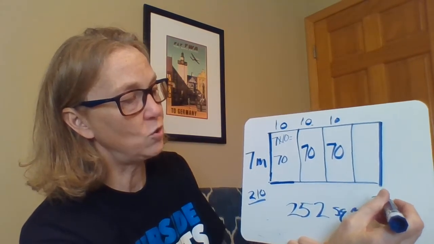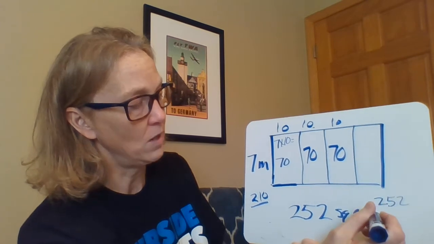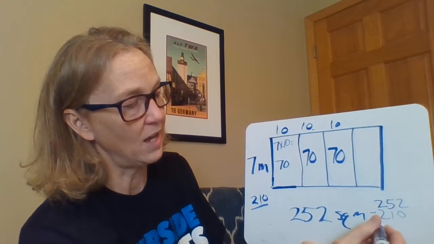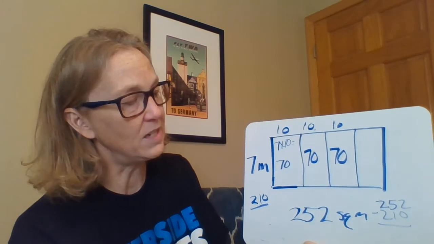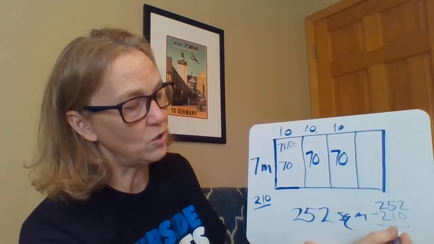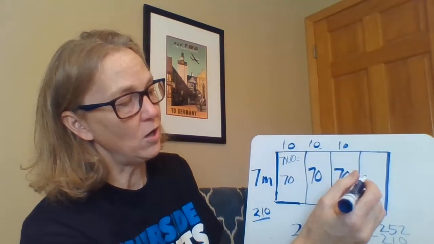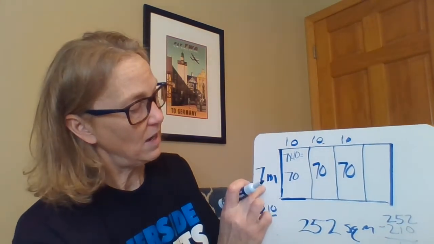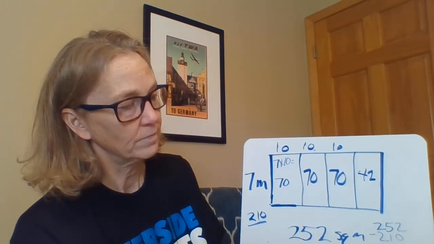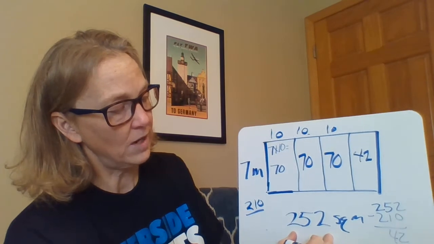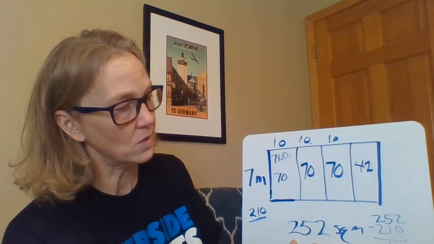So that might be a little bit of some extra work. Off to the side, you might have to subtract 252 minus 210, and then that would be a difference of 42. So I know that I need to get up 42 more here, because this number plus this number plus this number plus this number is now my area of 252 square meters.